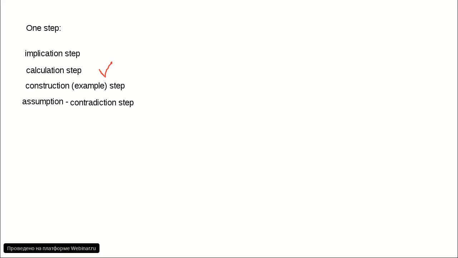What is a construction step? It is also something more or less understandable. So it's when you present something new to the solution, right?